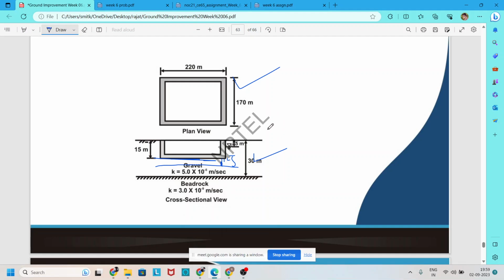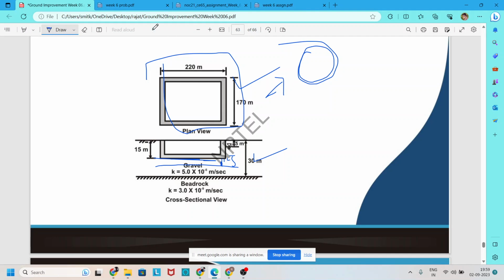But our formula is created for a circular well, so we need to convert this rectangular plan area into an equivalent circular area.